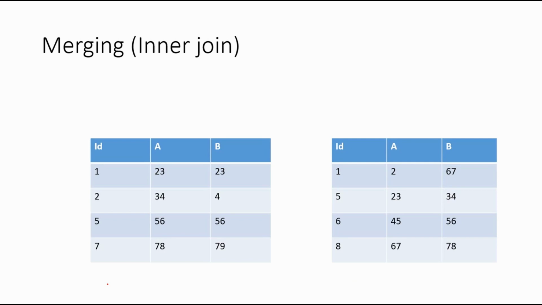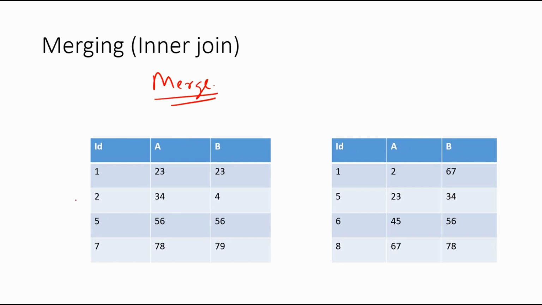Okay, so one common question which is asked in most interviews is, how do you perform a join, how do you merge data in SAS? Well, you can merge data in a variety of ways. One way is using the merge statement in base SAS.